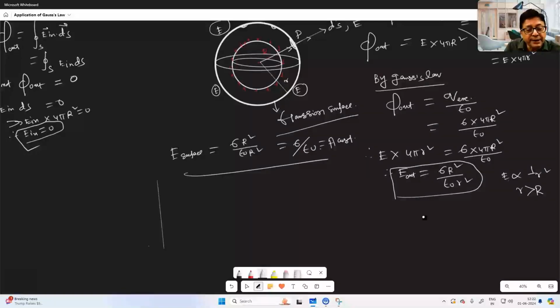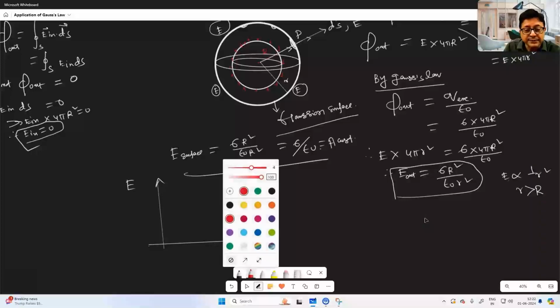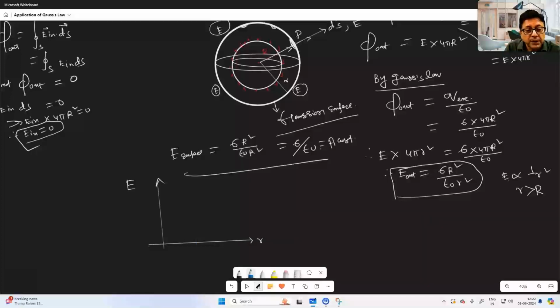If we take E along the y-axis and r along the x-axis, the graph will be like this. Up to r equal to R, just less than R, no electric field.